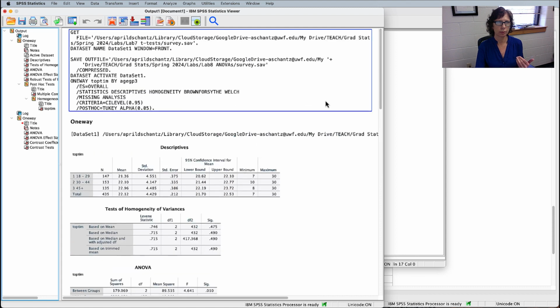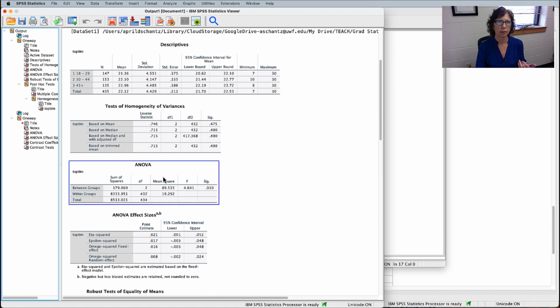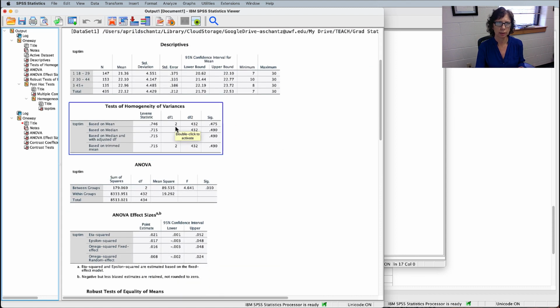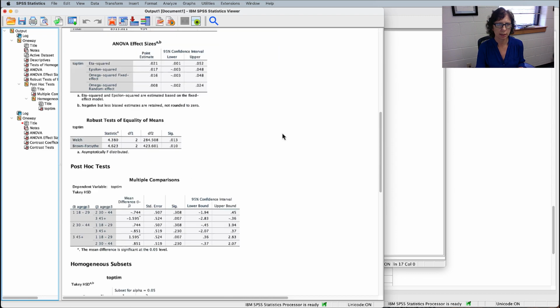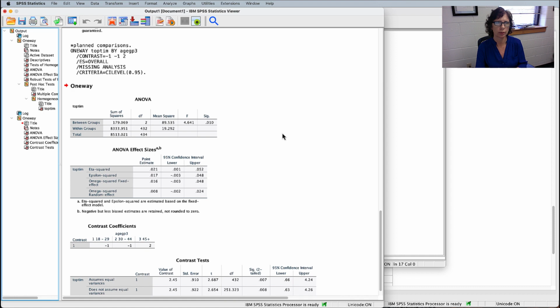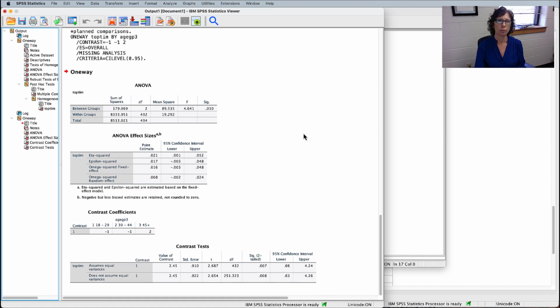like I said, the descriptives are going to be the same. If we had run the test of homogeneity, that would have been the same. So no worries there. What we'll focus on here is our model test. We have a significant F-test. Again, just saying that significant differences exist.